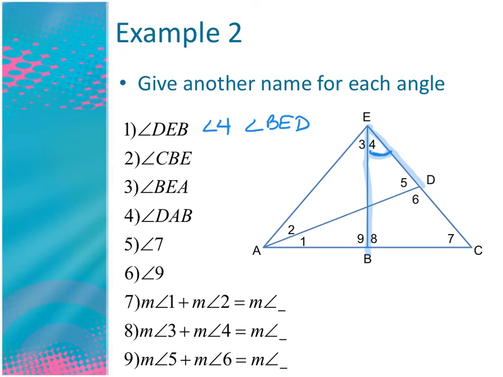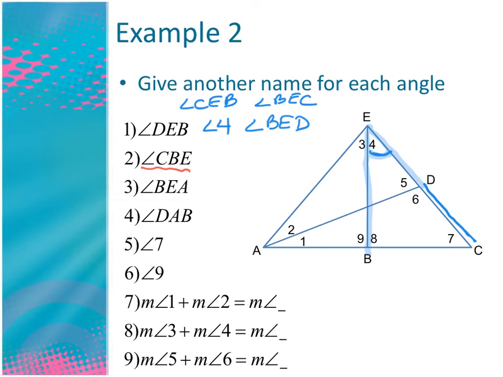I could also, let's see, what else can I do here? I could also, if I wanted to come all the way down to here, I could also call this CEB, or reverse of that, BEC. E needs to be the middle letter. Next, we're going to do CBE.